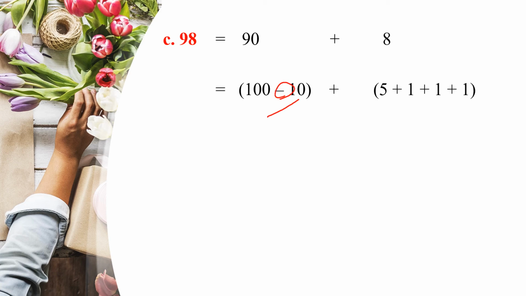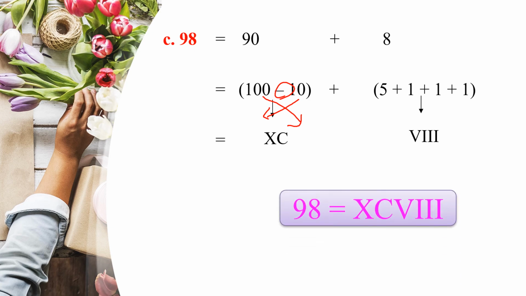The third question, C: 98. 98 can be written as 90 plus 8. 90 can be written as 100 minus 10, and 8 can be written as 5 plus 1 plus 1 plus 1. If we have the subtraction operation, we need to write the symbol of the second number first and the first number second. Therefore, we get XC plus VIII. Therefore, 98 can be written as XCVIII.